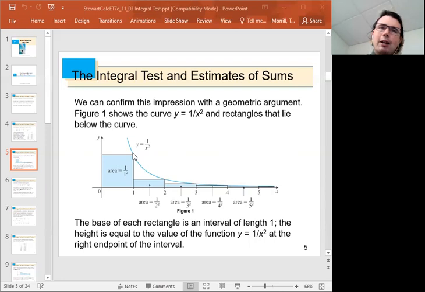This coordinate here is (2, 1/4). This coordinate here is (3, 1/9), and so on. So each of the upper right-hand corners of the rectangles is going to be on the curve y equals 1 divided by x squared. Well, I think I could do some calculus with that.